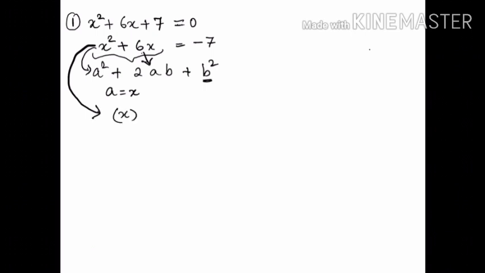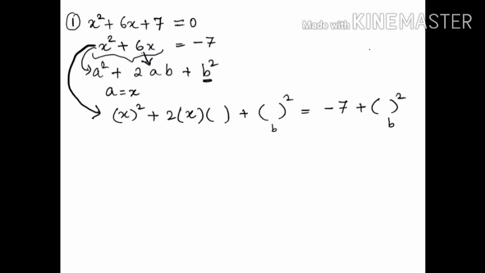x square plus 2ab plus b square equal to minus 7 plus b square. This is the b square term which is being added on both sides of the equation. So 2ab, now a is x, so we write x over here.